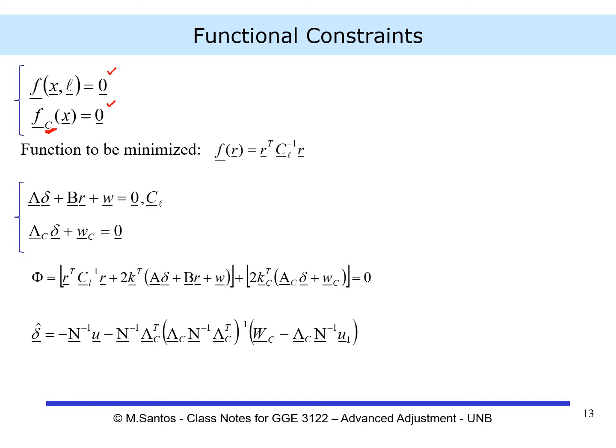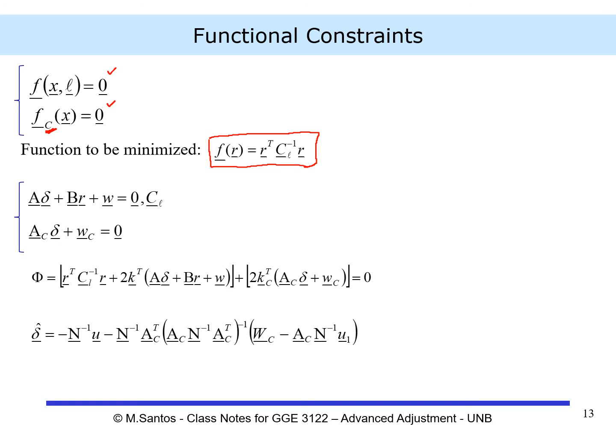The constraint again may be a mathematical equation or a physical law or something that we want to impose. The function to be minimized is, again, only the least squares criterion.